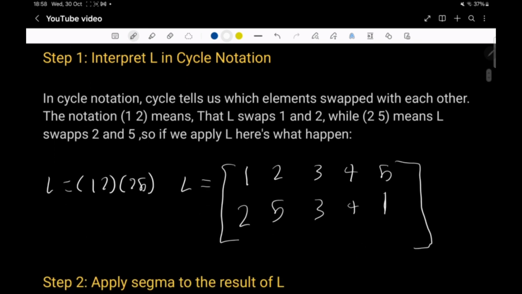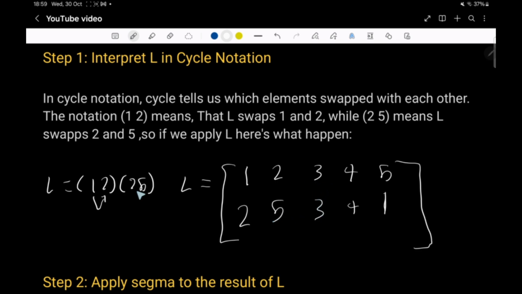Here we have L in matrix form, but I will explain again. 1 is going to 2, that's why we write 2 first. For the next one, 2 is going to 5, we write 5 here.